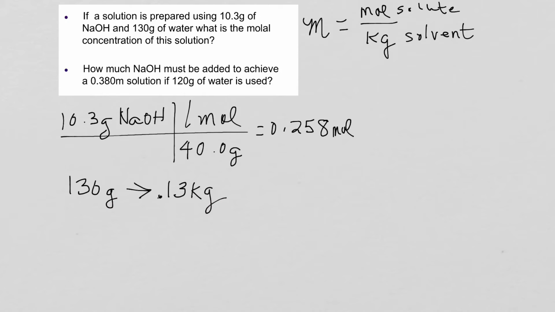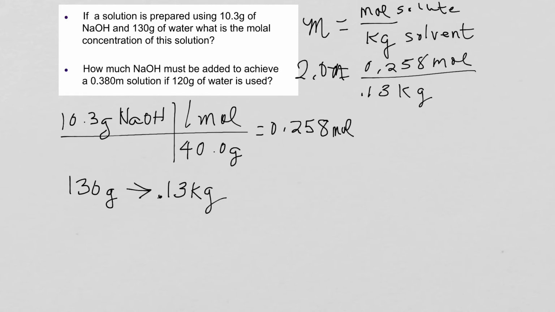Now I'm ready to plug in. And what we get from doing a little bit of number crunching on this is basically, if you're dealing with two sig figs, it's 2.0, and that's your molality.